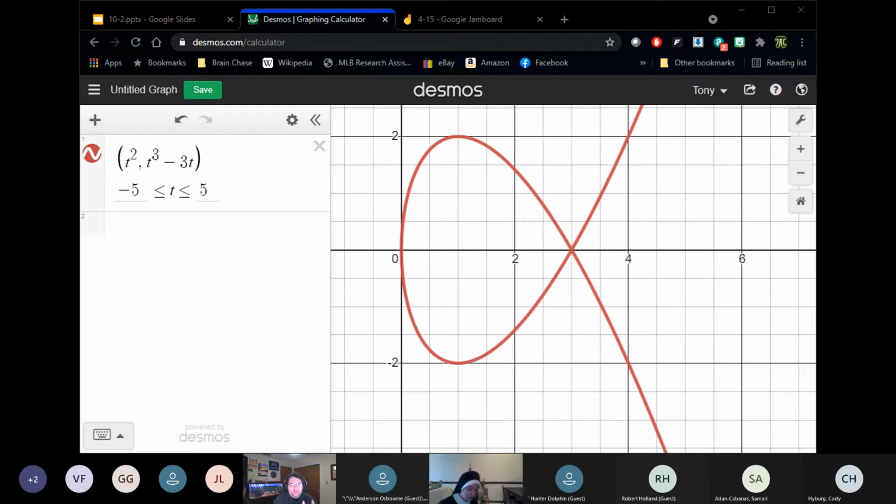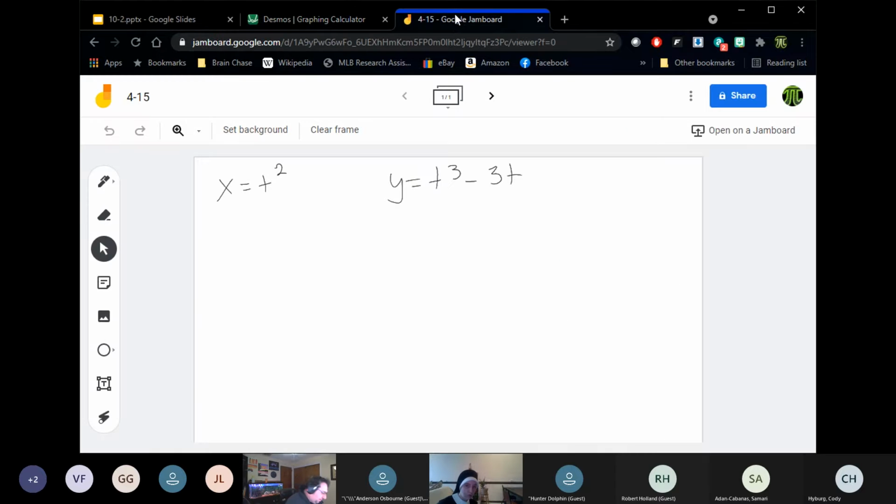The first thing I need to figure out is what the value of t is at that point. Okay, so I have my x value and my y value. My point is (3, 0). We're going to look at the y value because it's the 0 point, which makes my life a little bit easier. So y is 0.